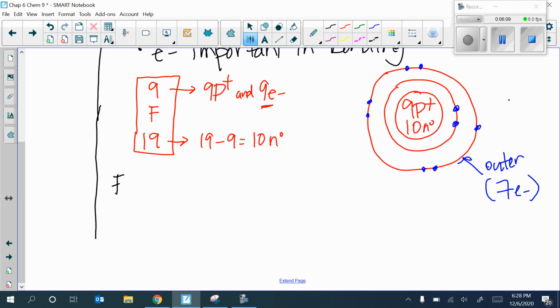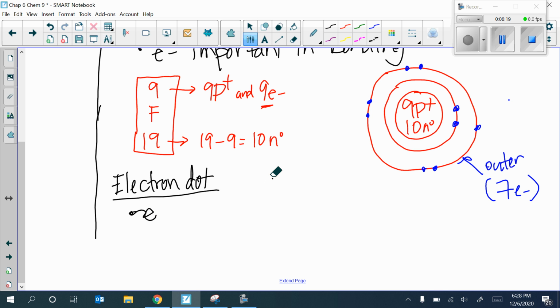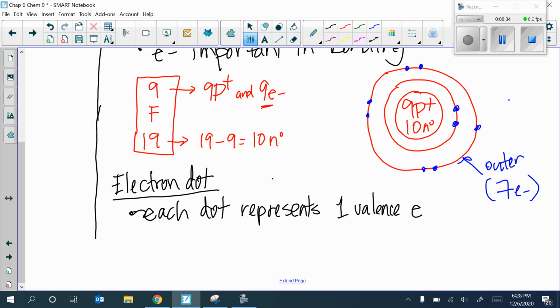So electron dot, and each dot represents 1 valence electron. Okay, so 1 valence electron.